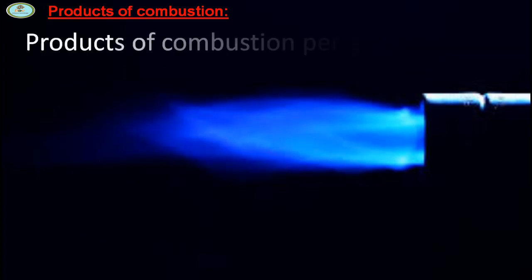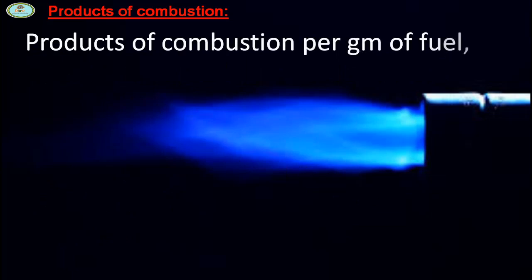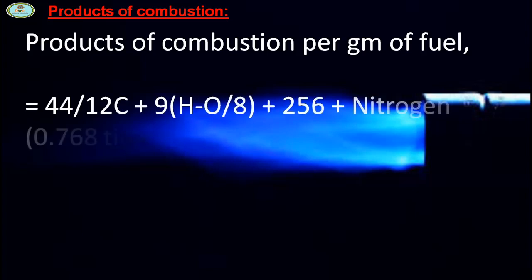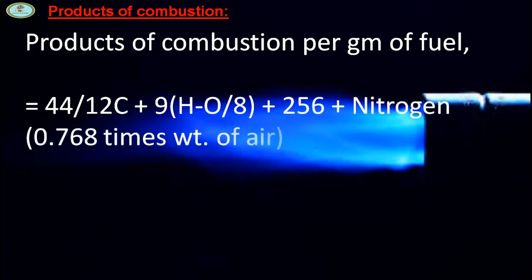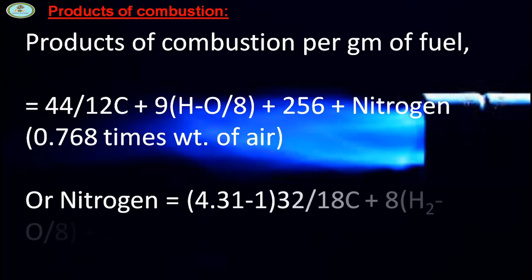Products of combustion per gram of fuel is equal to 44 divided by 12 C plus 9 into (H minus O by 8) plus 2S plus nitrogen, where nitrogen is 0.768 times the weight of air, or nitrogen is equal to (4.31 minus 1) into 32 divided by 18 C plus 8 into (H2 minus O by 8) plus S.